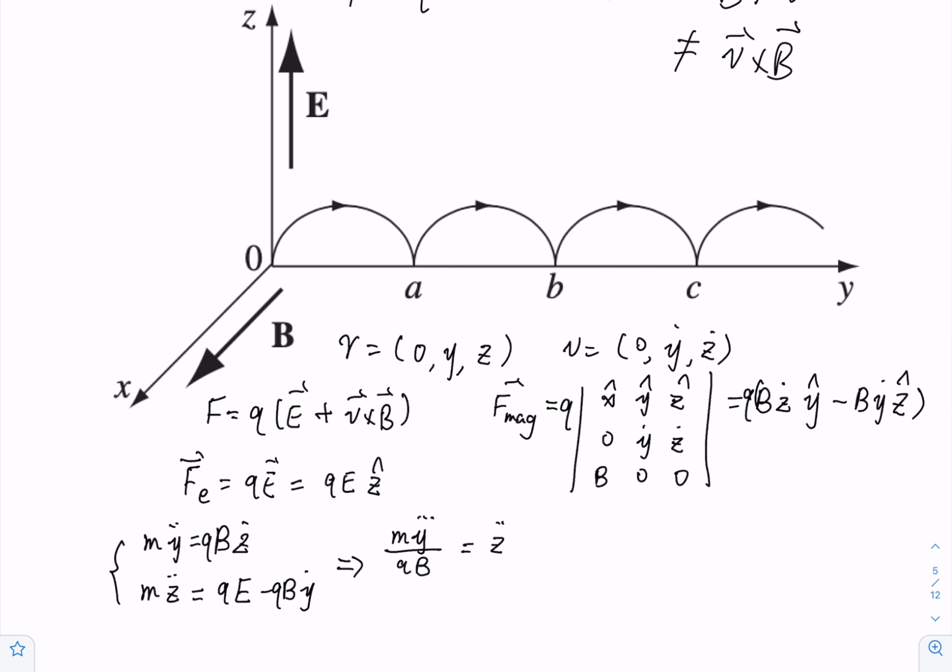Now we can use this z double dot and plug it into the second equation. So that gives us m squared y triple dot over qb equals qE minus qb y dot.